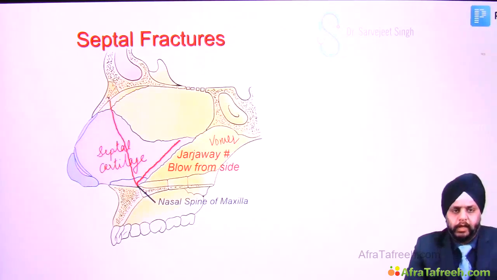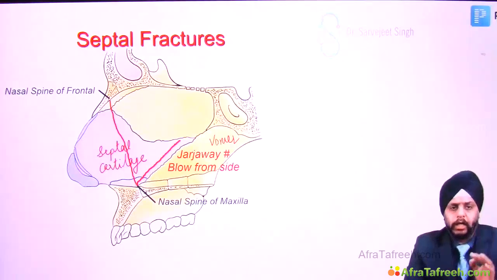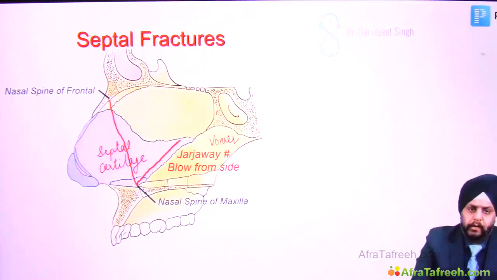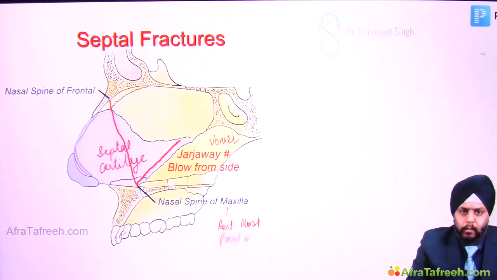You see, this fracture line starts from the anterior most point of the maxillary crest. We call it the nasal spine of maxilla, okay? So nasal spine of maxilla, this is the anterior most point on the maxillary crest, okay?